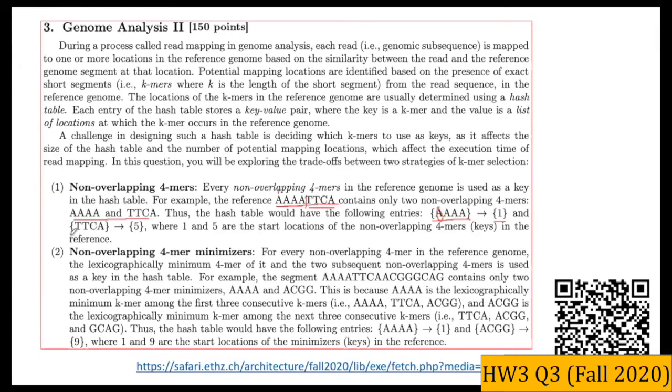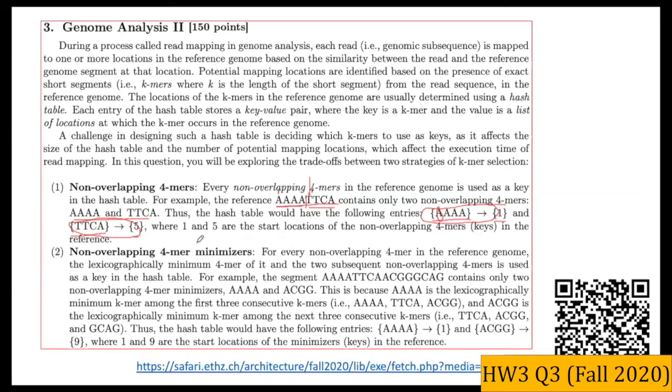And the second k-mer, the other non-overlapping k-mer, starts at location 5, which is this character. What we store in the hash table is basically this key-value pair and the other key-value pair. I hope it's clear for the first method.